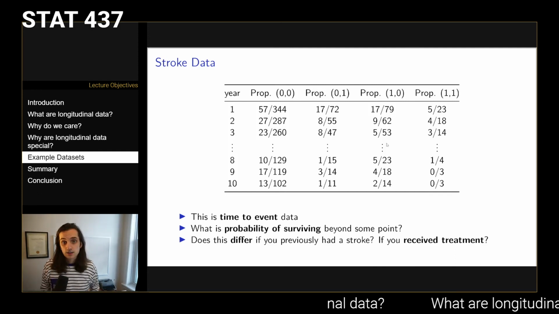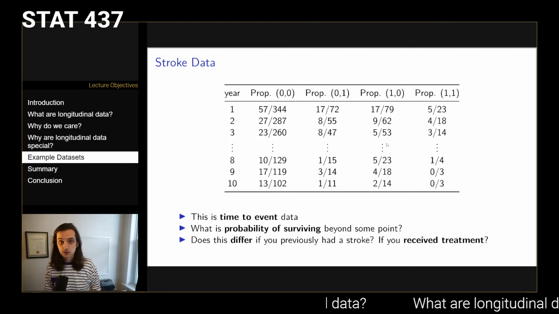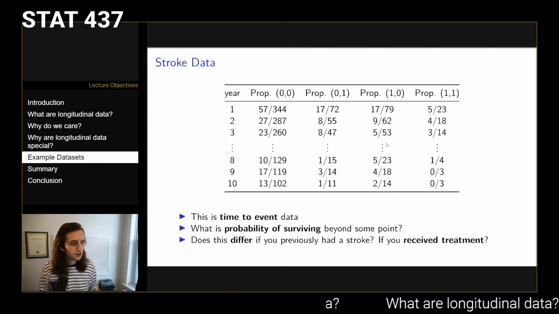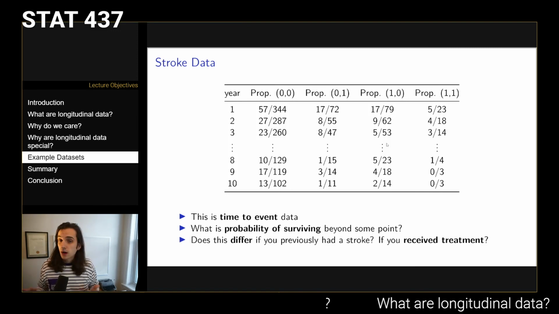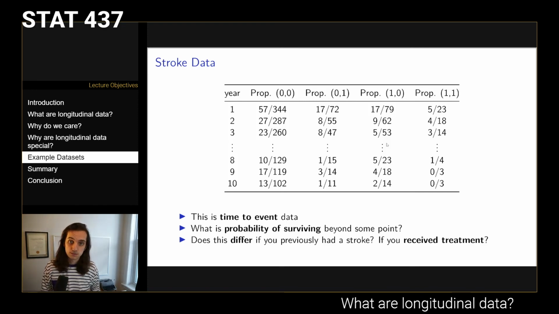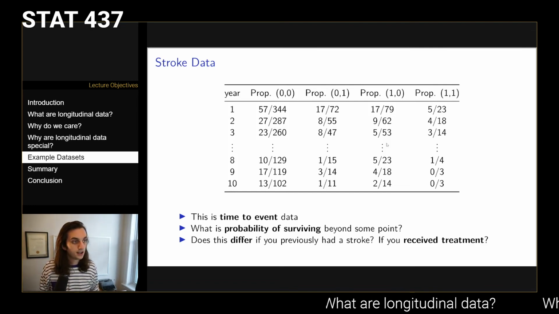We might also be interested in questions like how probable is it that someone from one of these groups lasts beyond year 8 before they've had a stroke, and how do these probabilities or the average or median time to the onset of a stroke differ between whether you're in the treatment group, whether you've previously had a stroke, that type of thing.